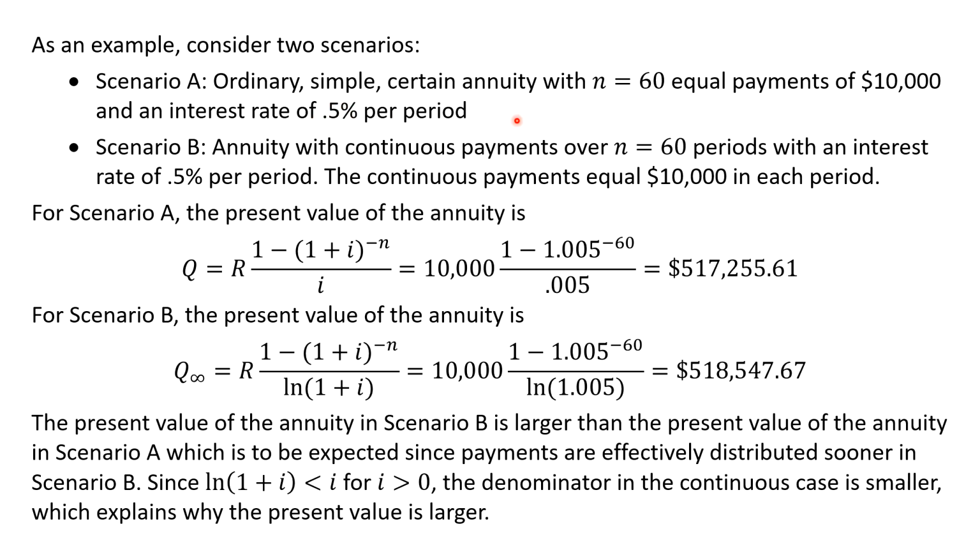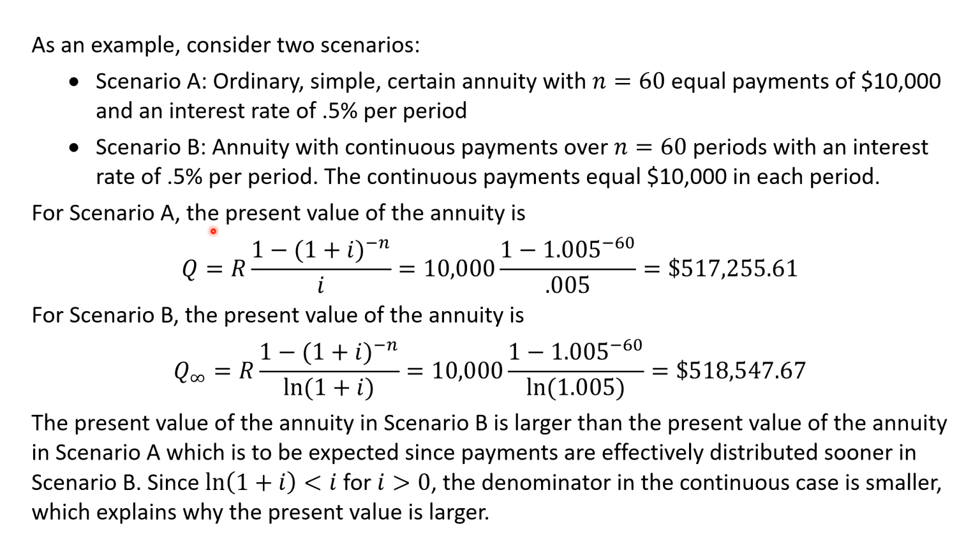I didn't bother to give you the yearly and then divide by 12. I just gave you the monthly rate here. And then scenario B, an annuity with continuous payments over 60 periods with an interest rate the same, 0.5% per period. The continuous payments equal $10,000 in each period.